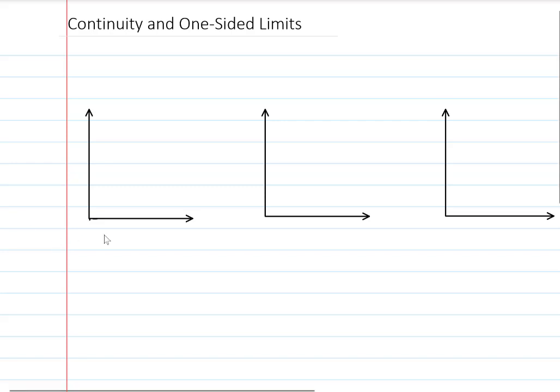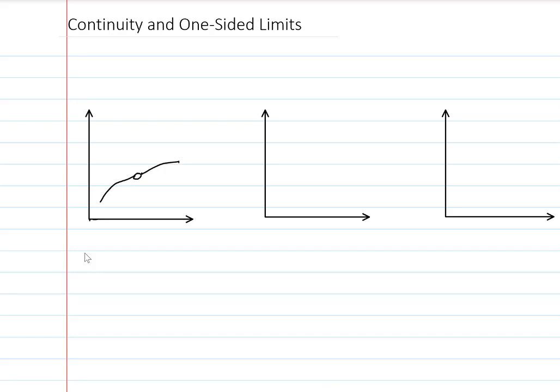For the first one, we have a function with a hole over some interval, we'll say from a to b, and we have this hole right at c. We've already talked about the limit as x goes to c of this function. We know that the limit doesn't really care about the function being defined at this point c, but it's still going to exist.